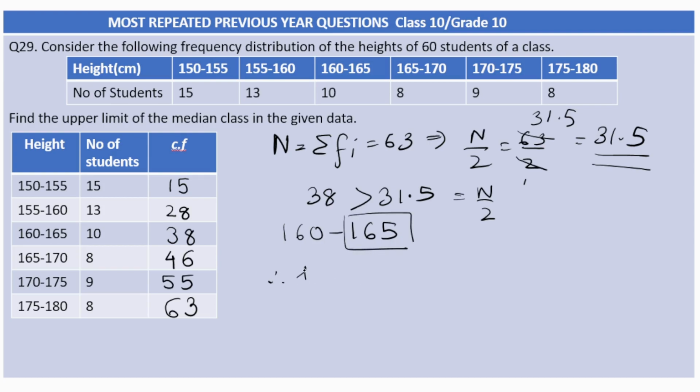Therefore, this will be the median class, because the cumulative frequency here is just greater than n by 2. So the upper limit of the median class is 165.